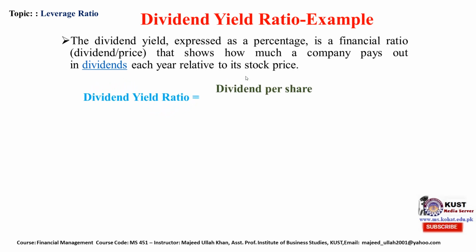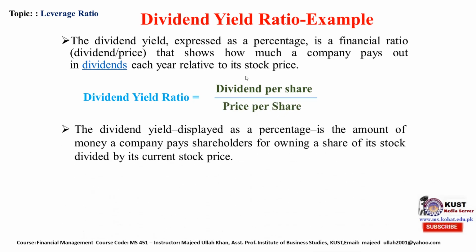Dividend yield ratio is dividend per share divided by price per share, the market price per share. So the dividend yield, expressed as a percentage, is the amount of money the company pays to the shareholder for owning a share of its stock divided by the current stock price.